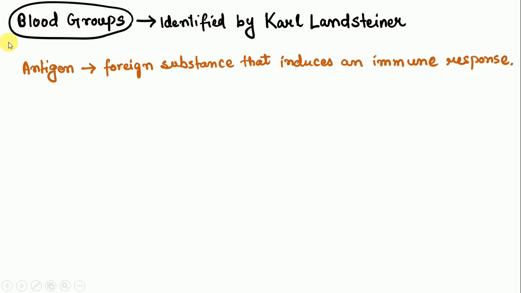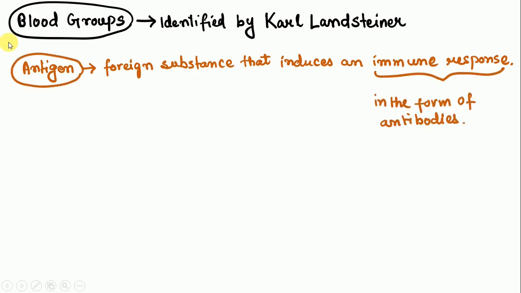Any foreign substance which enters your body will produce an immune response in our body, and this immune response is in the form of antibodies. Antibodies are those specific substances which are produced in response to any antigen. So a specific antigen will produce a specific antibody. The main purpose of that antibody is to remove those antigens from our body.